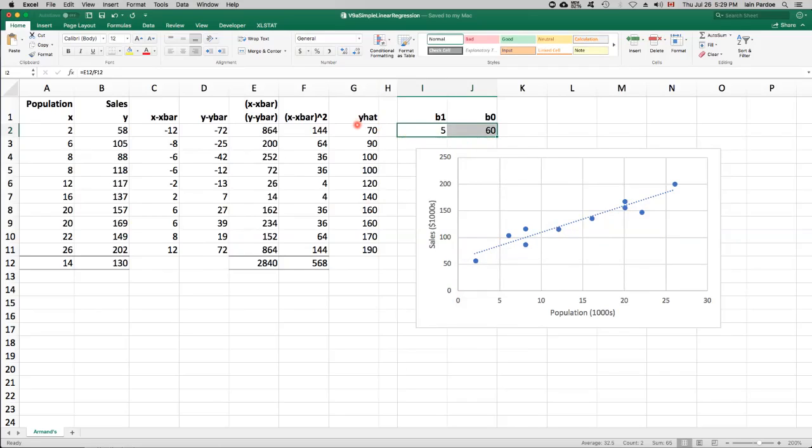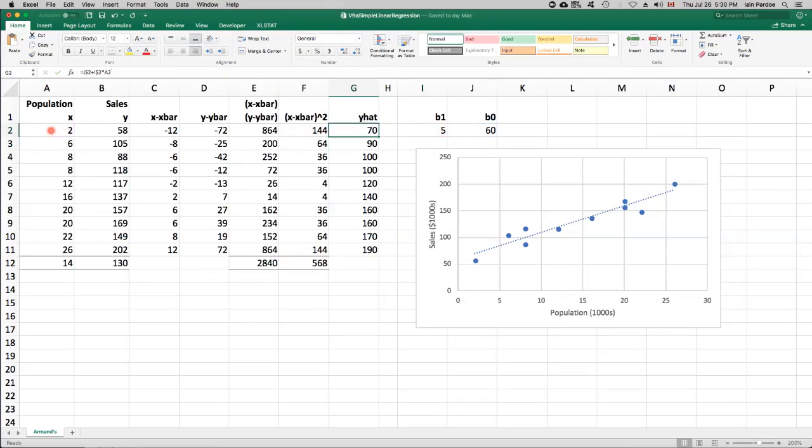What I mean by y hat is the predicted value of y from this equation that we just estimated. It's called y hat because, for notation, it's traditional to put a little pointed hat over the y, and that tells us that we're predicting what y is. We're using this formula, y hat equals 60 plus 5 times x. So 60 plus 5 times 2 would come to 70.